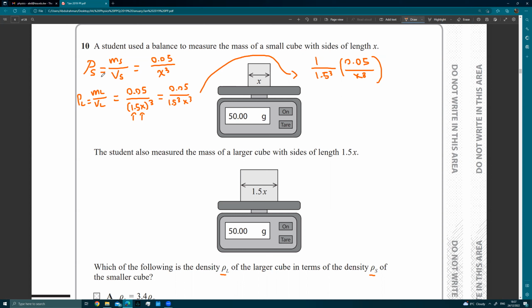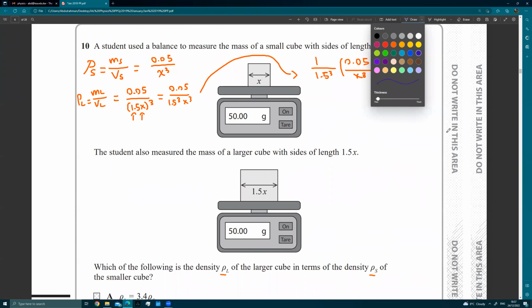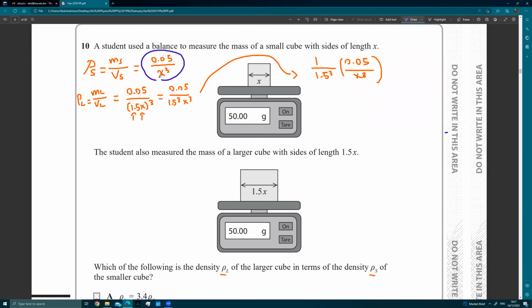But we know that PS, the density of the small one, is equal to 0.05 over x cubed. So notice how this is seen over here. So we can write PL is equal to 1 over 1.5 cubed multiplied by the density of the small one, PS. Why? Because this is what PS is equal to.